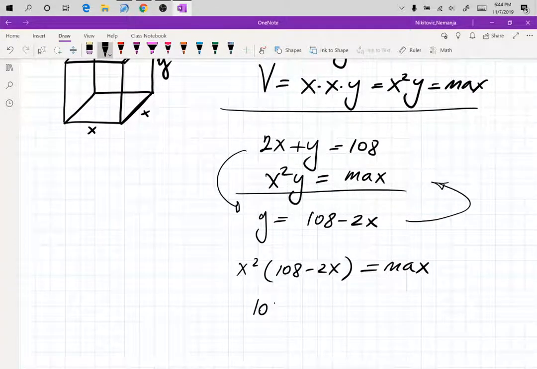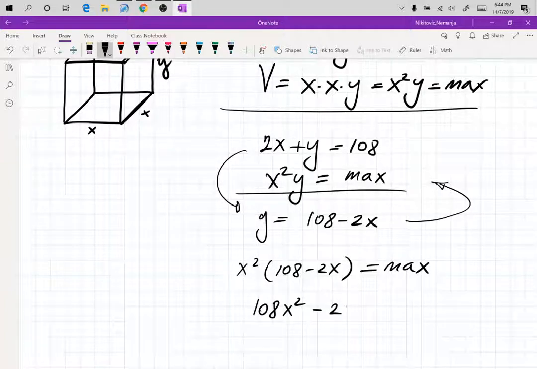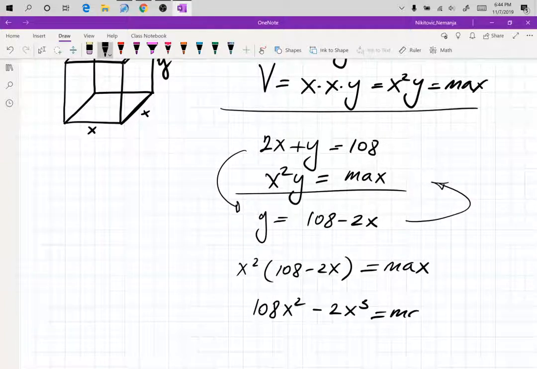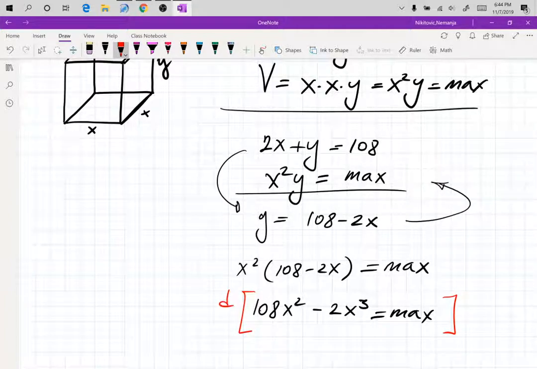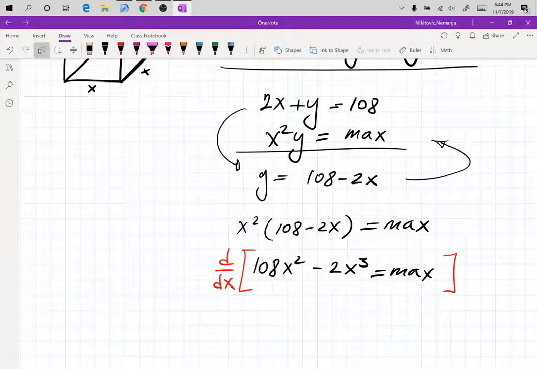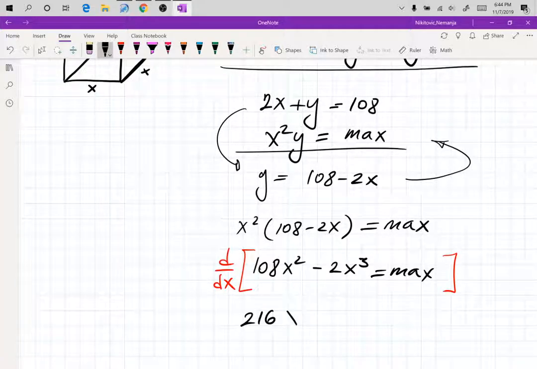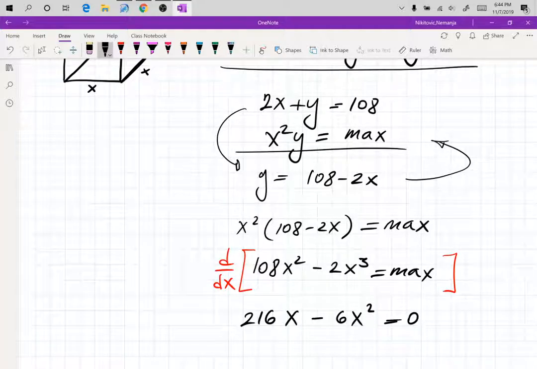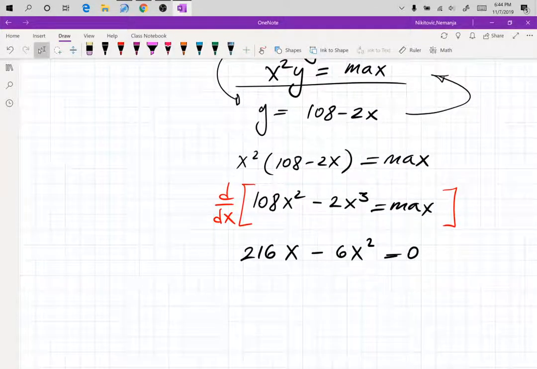So 108x squared minus 2x cubed equals a max. And now that we have this model, we hit this with the x derivative, and now we are ready. So 108 times 2 is, very good, minus 6x squared equals 0.